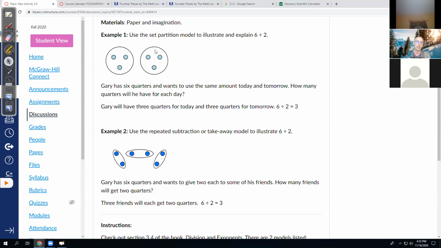So here's a picture that 6 divided by 2 has to be 3, but it's a different picture than the set partition. So this is kind of related to, remember when we did subtraction and we had the takeaway version of subtraction and we had the compare version of subtraction. They lead to slightly different pictures and they have different stories. And I'm going to go over that one again on Wednesday because half the class had a hard time with the pictures and the stories for takeaway versus comparison.